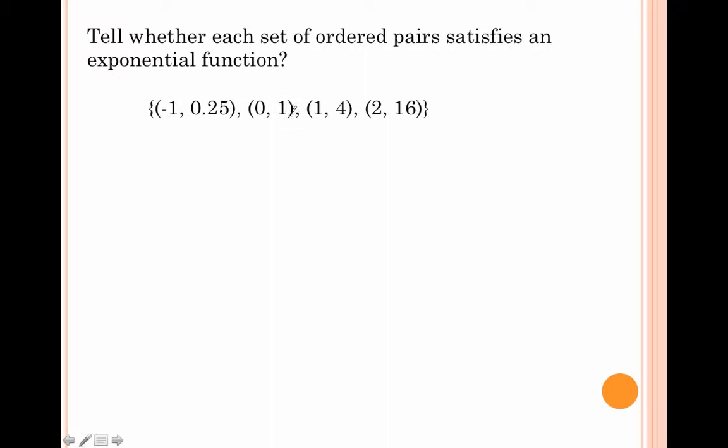So again, I'm going to look at my second term, divide it by the term previous. So 1 divided by 0.25 is 4. And I'm going to just check to make sure that these other terms match this as well. 4 divided by 1 is also 4, and 16 divided by 4 is also 4. So I do have a common ratio of 4.